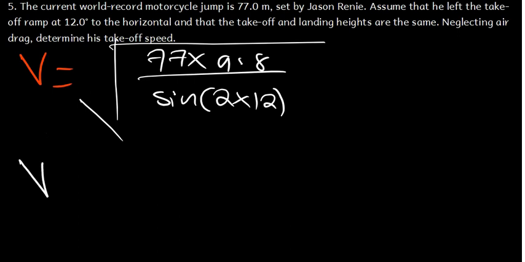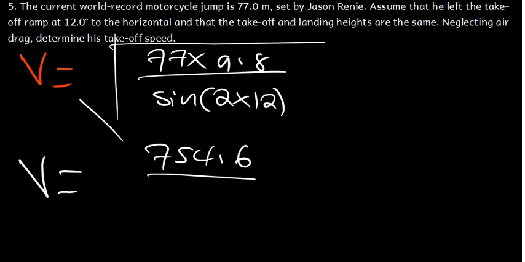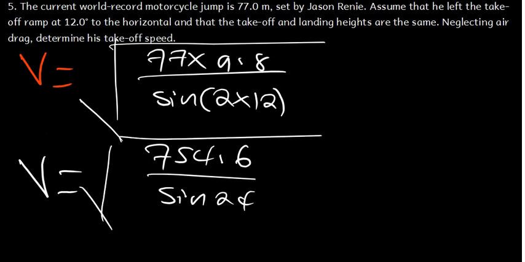So we're going to have v will be equal to 77 times 9.8. So I'm getting 754.6, everything divided by sine 24, because 12 times 2 is 24. So I get the square root here.